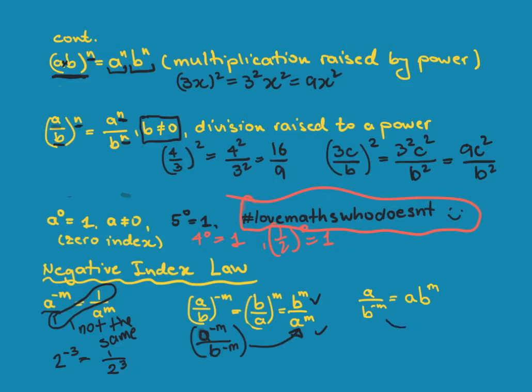It's like written a over 1 times 1 over b to the power of negative m. It's equal to a over 1 times b to the power of m, and then it goes there. Okay, let's go to the next page.